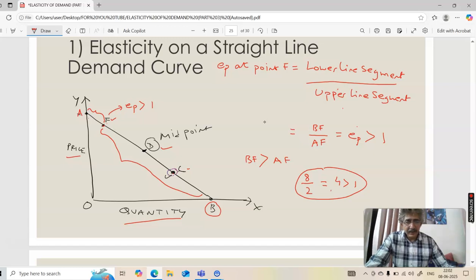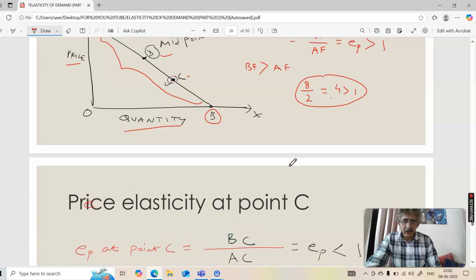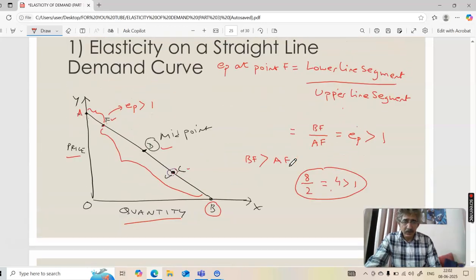Okay, and then let's now talk about point D, the midpoint. Wait, I need to erase because here only that will be better, you can see. Well, erase, take a screenshot of this.